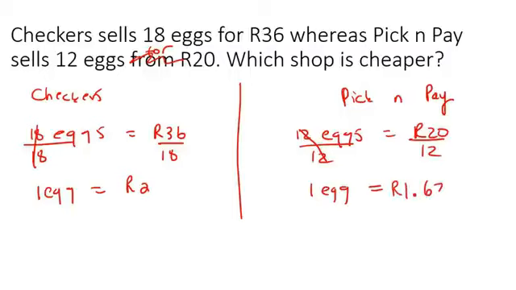So at Checkers, you are paying 2 rand for 1 egg. At Pick n Pay, you are paying 1 rand 67 per egg. So Pick n Pay is cheaper in this example, because for 1 egg, you're only paying 1 rand 67, whereas at Checkers, you're actually paying 2 rand per egg. So Pick n Pay is cheaper.